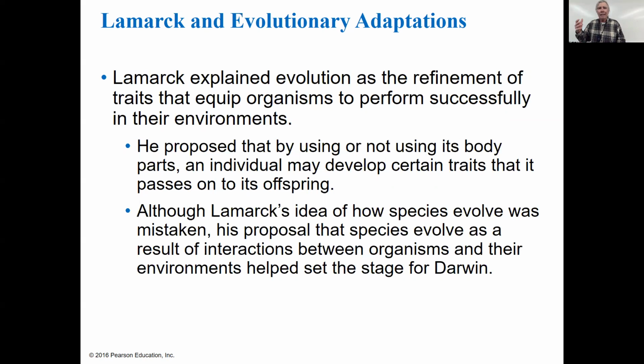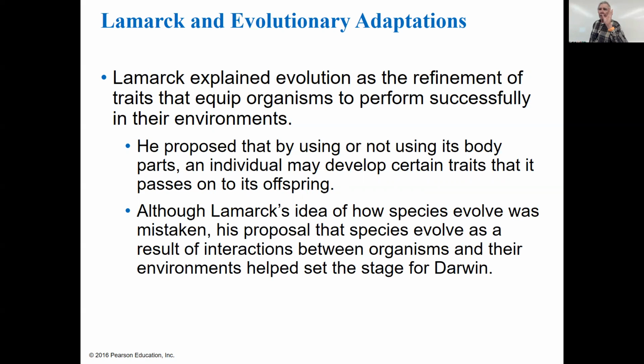But he didn't have any evidence for that, and it really is an unworkable idea. For example, I'm struggling to learn some French. Well, that means if acquired characteristics were correct, then my kids would know French when they were born. So he got it wrong.